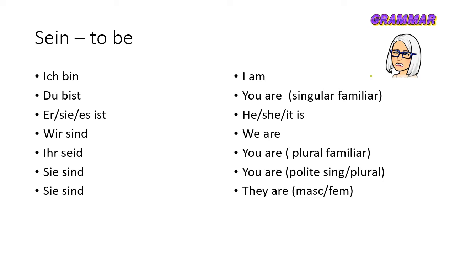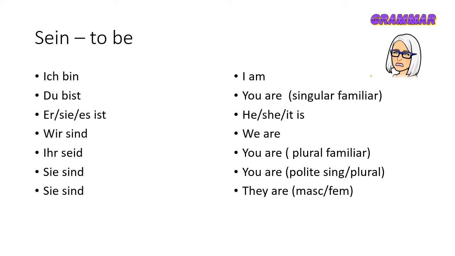A few things to notice with German verbs: they have a few different words for you. Du is the one that you use if you're speaking to one person that you know well. Ihr is the plural of du, so it's to more than one person you know well. The nearest thing that we have in Scottish is when you say "youse".